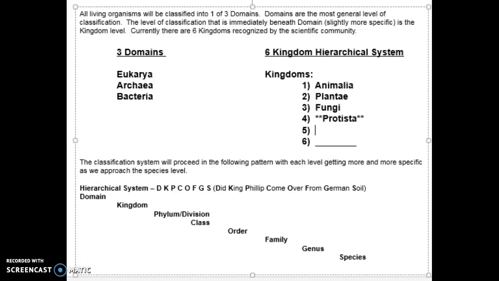Within the domain Archaea, we have the kingdom Archaea. So that makes it easy. That's also being explored and studied, and there are proposals for reorganization.